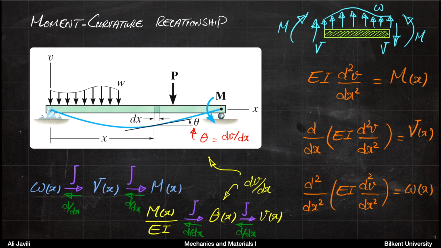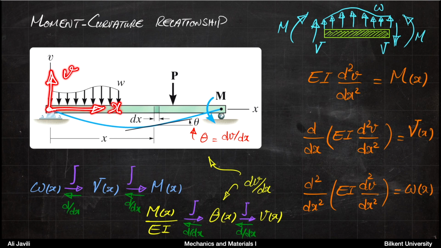The last thing I want to emphasize here is again that theta is the derivative of deflection with respect to x, and it is measured with respect to the coordinate system and the convention that we are using here. So here in this coordinate system, pay attention that v positive is upwards and x positive is towards right.